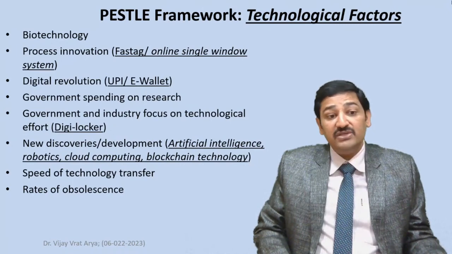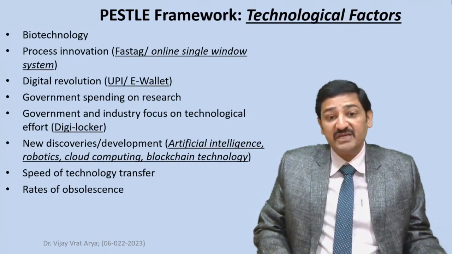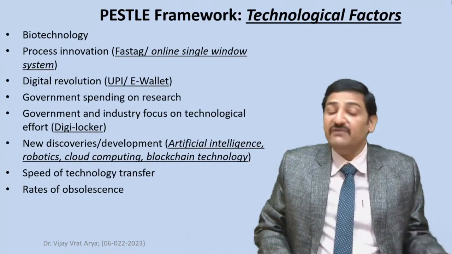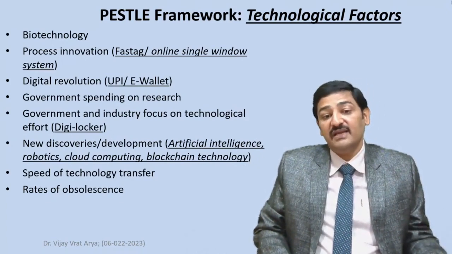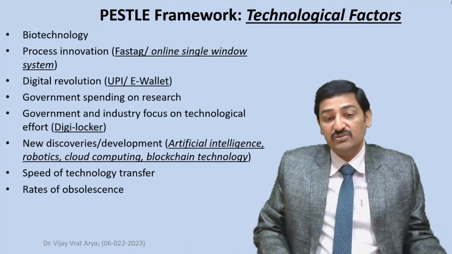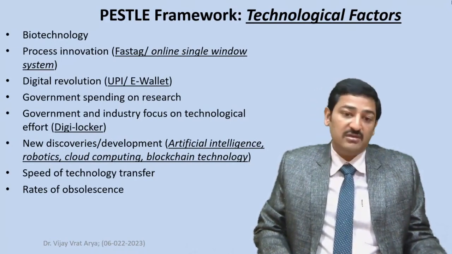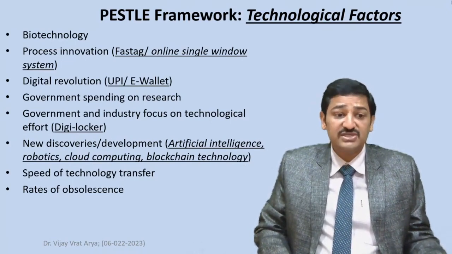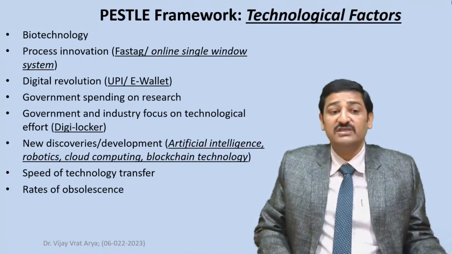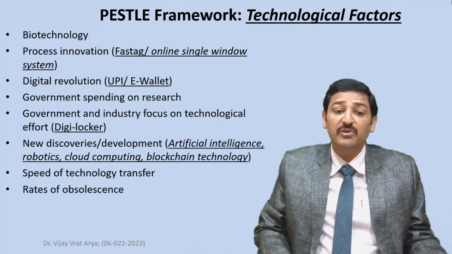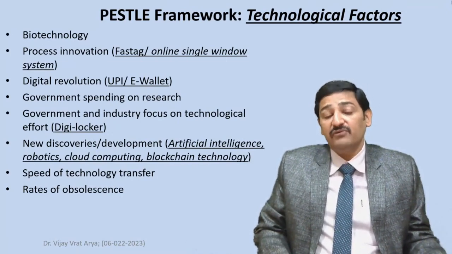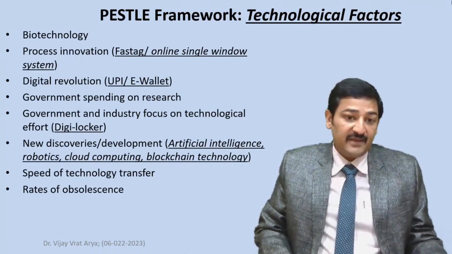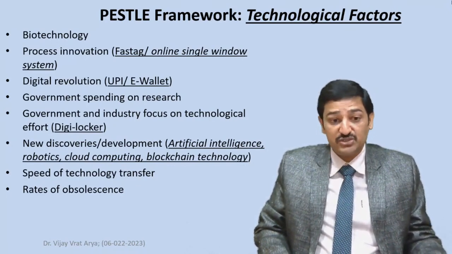Apart from that, the new discoveries or developments taking place in the market and the level of their adaptability and awareness in the market also play a crucial role. As an example, we can take the case of blockchain technology, cloud computing, artificial intelligence, or robotics, which has very commonly brought an upliftment in the industrial sector and facilitated automation too.